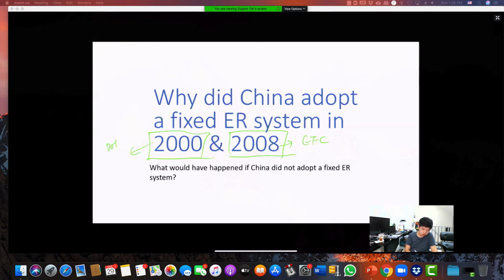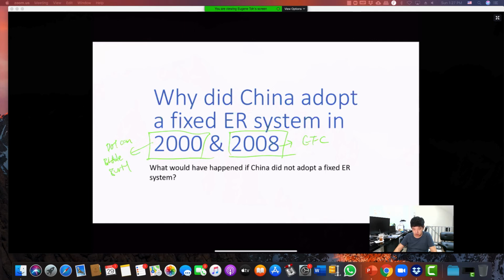Year 2000 was your dot-com bubble burst. Okay, right, so no, the Asian financial crisis was 1997, not 2000. So 2000 is something else, it is the dot-com bubble burst.